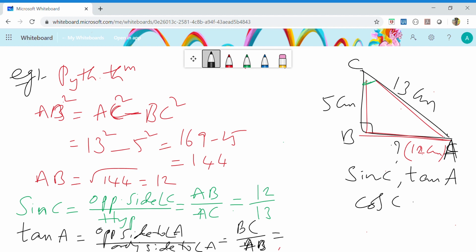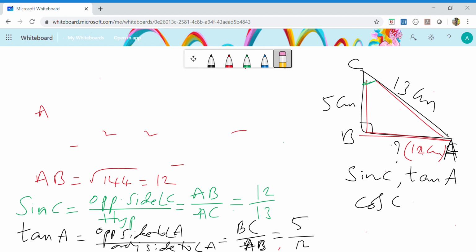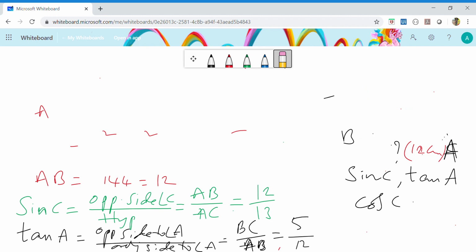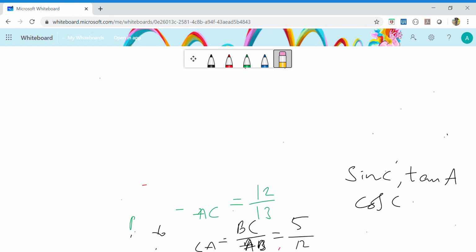BC is 5 by AB is 12. Okay. Next, like that cos C is 5 by 13 you will get. Cos C is 5 by 13, adjacent side by hypotenuse.